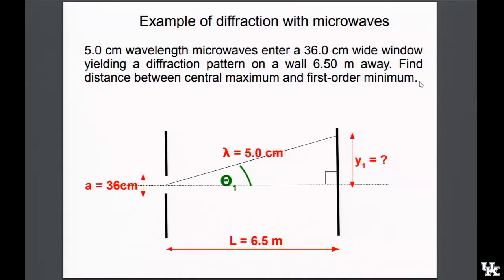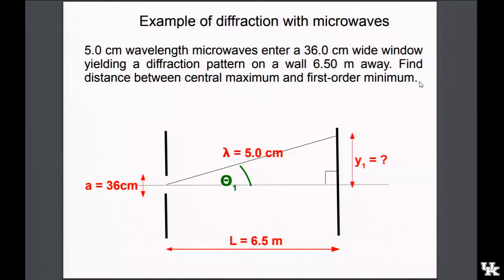It's the same sort of scale as the wavelength of the microwaves. It's longer, but it's not ridiculously wide compared to the microwave wavelength. So we're going to get a diffraction pattern. And then we've got a screen downstairs, which happens to be a wall, but it's 6.5 meters away. So it's exactly the single slit setup that I've been describing.